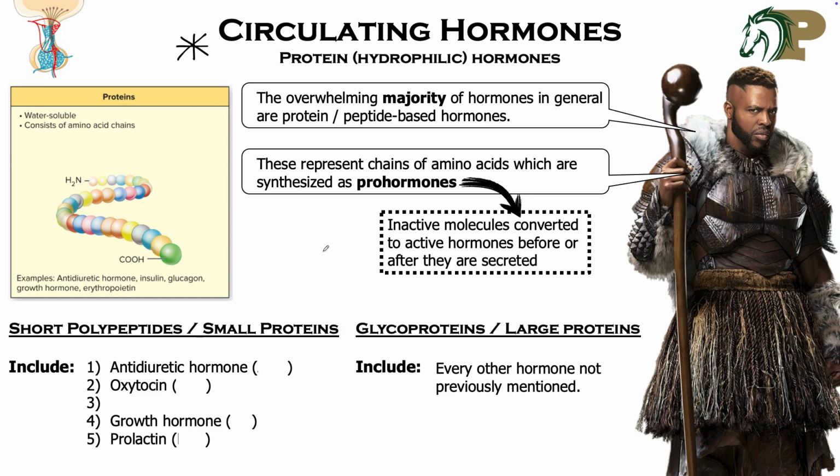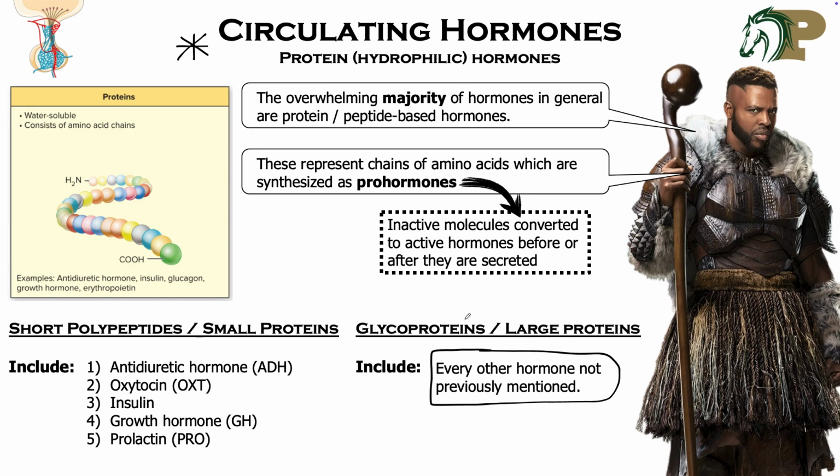Your short polypeptides or small proteins will include ADH, oxytocin or OXT, insulin, growth hormone or GH, and then prolactin or PRL. So again, we have another short list here. Every other hormone that I have not listed will belong to the large protein category.